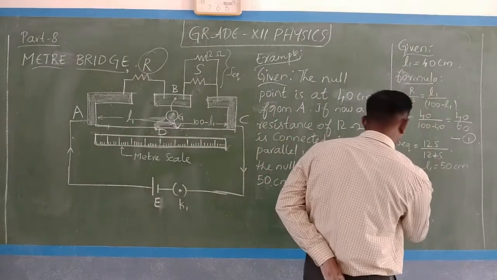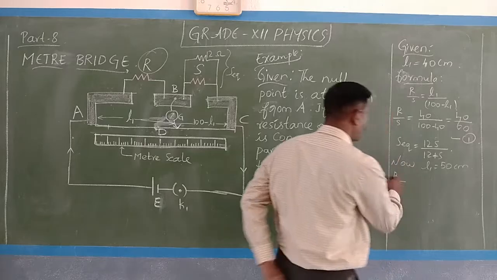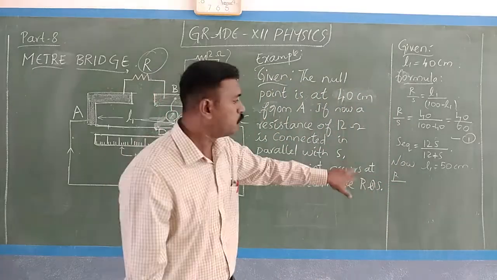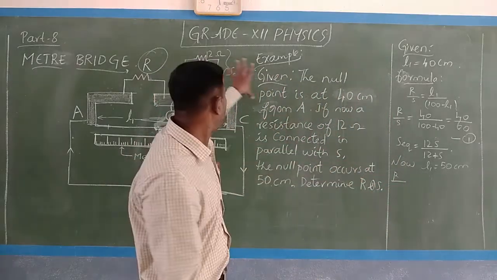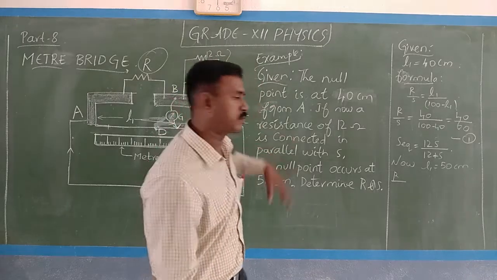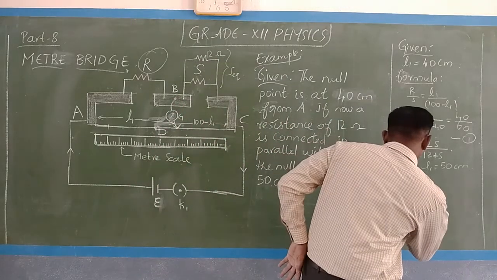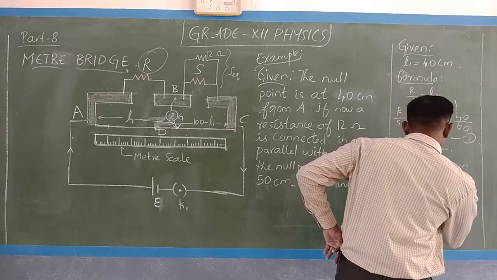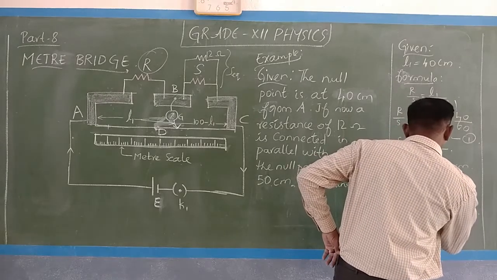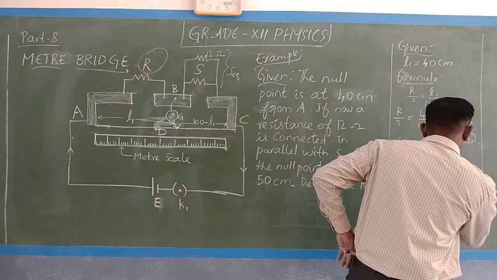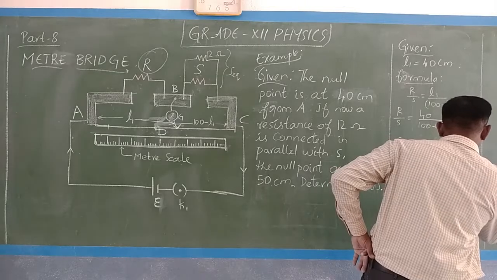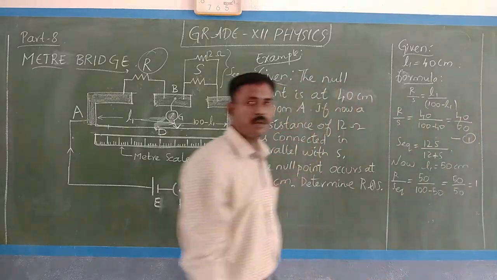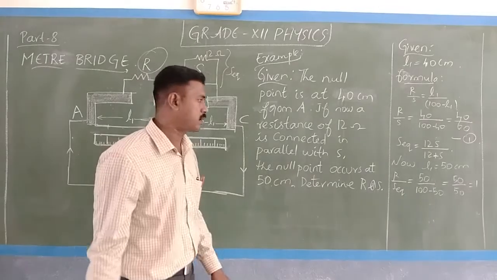The same formula, R by S. You should not put S, you should put S equivalent, the new S value. So R by S equivalent is L1 is 50 by 100 minus 50, which is 50 by 50, which is equal to 1. So R by S equal to 1.